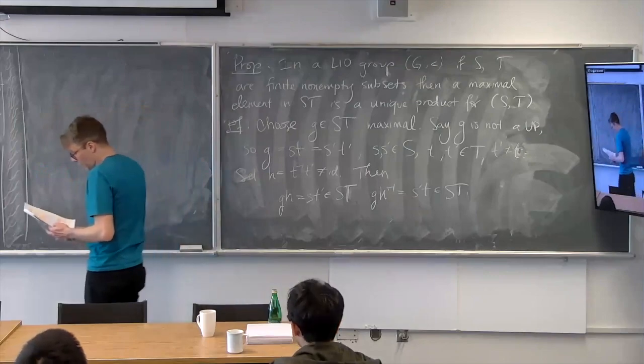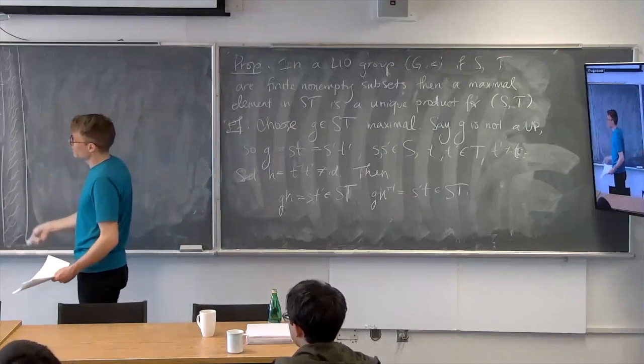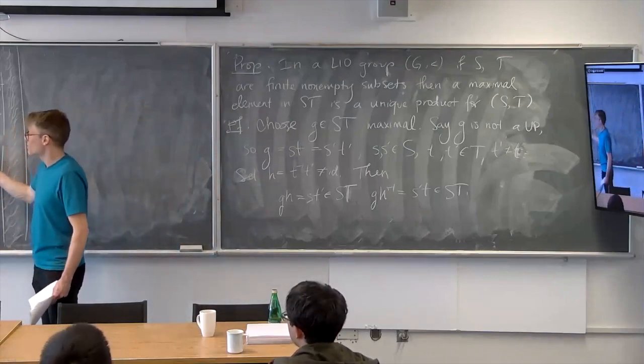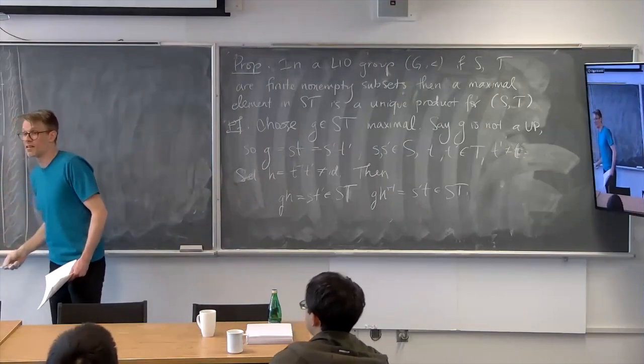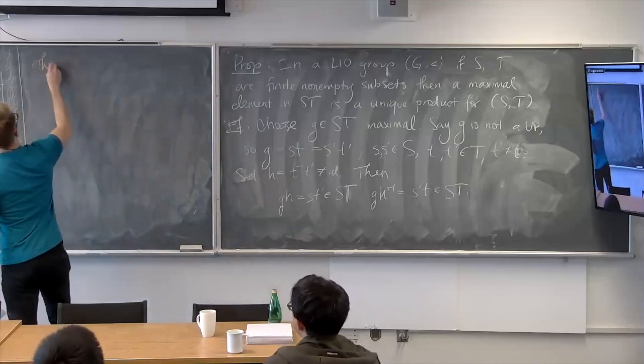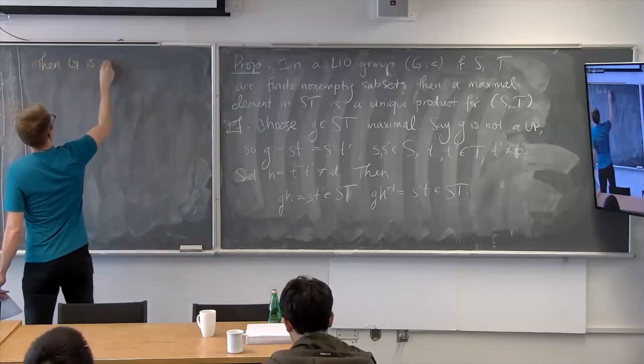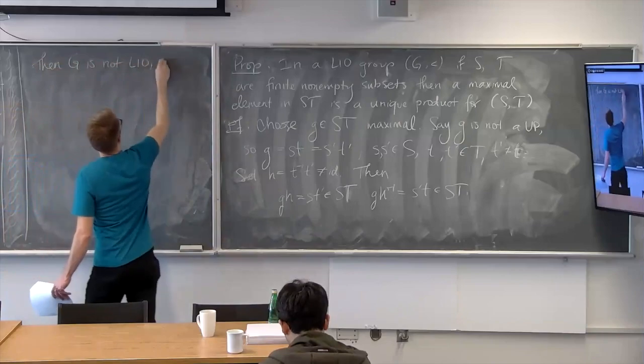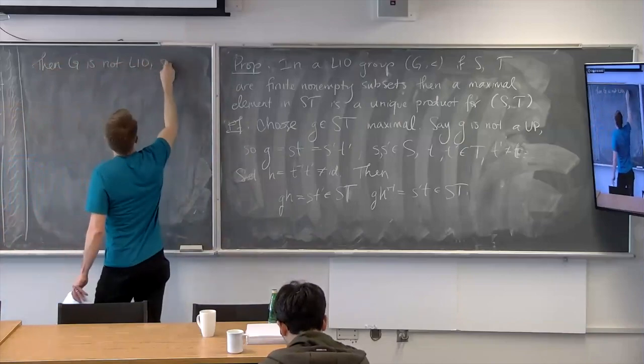So what I want to say is, suppose that you know these properties of S, it's finite and it has this, and now let's show that that means this group is not LIO. And to do that, of course, we suppose it is.